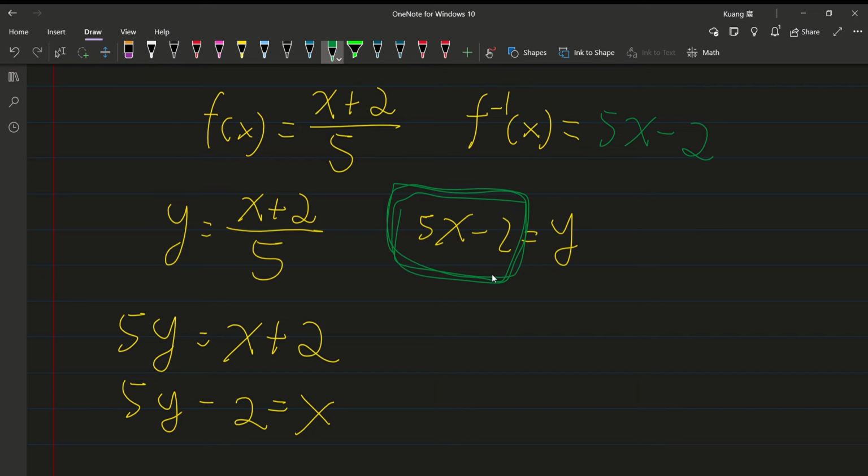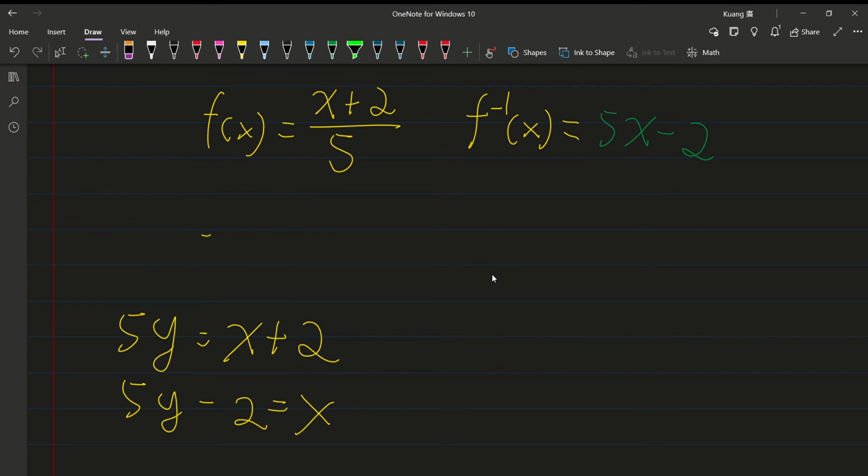So how can I check if I got this right, if this is the inverse function of the function? I can plug the inverse function back into the original function to see if it equals x.